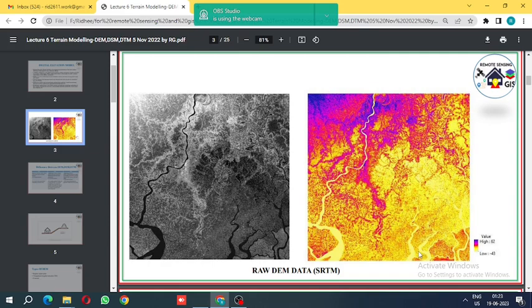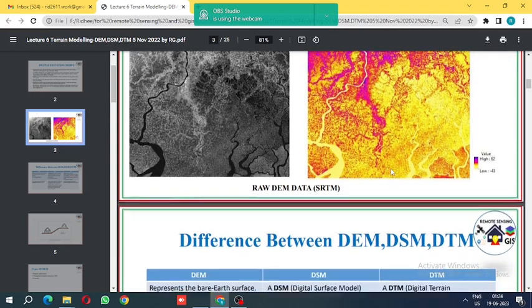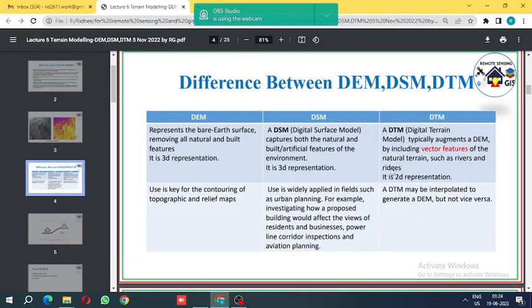Minus 43 means that it is below the land surface. Okay, minus represents below the land surface. So minus 43 means there is a feature which has a height or elevation below the land surface. Okay, so now let's see what is the difference between the DEM, DSM and DTM.